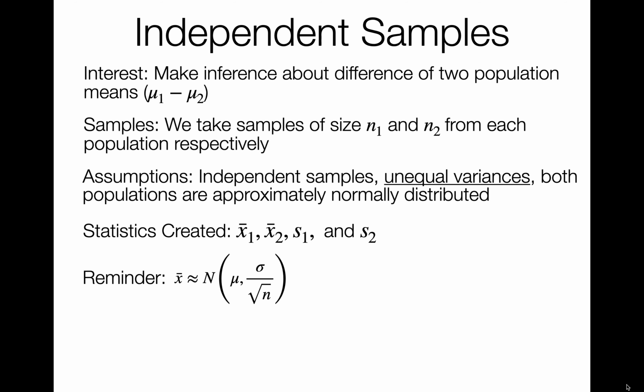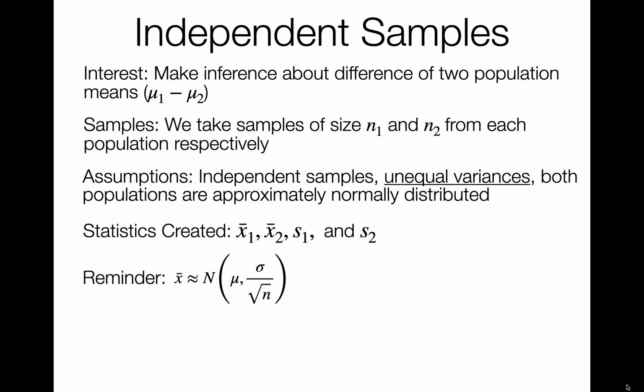So as a reminder of where we were and where we're going, the really important idea that these confidence intervals and hypothesis tests count on is the sampling distribution of the sample mean for problems with means, and of the proportion for problems with proportions, of course. Here the sampling distribution of the sample mean was normal with a mean of mu and standard deviation of sigma over the square root of n.